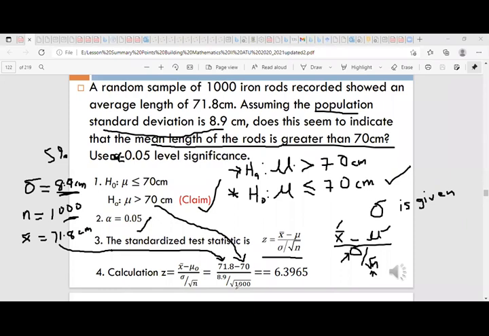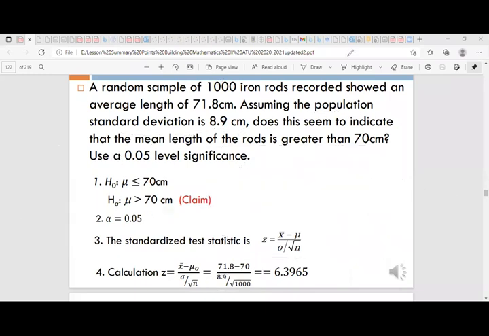So you calculate it from your end. First, find the denominator, which will be 8.9 divided by the square root of 1,000. So find that for me.